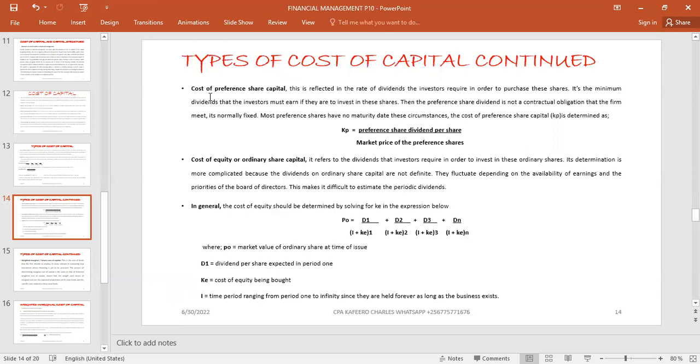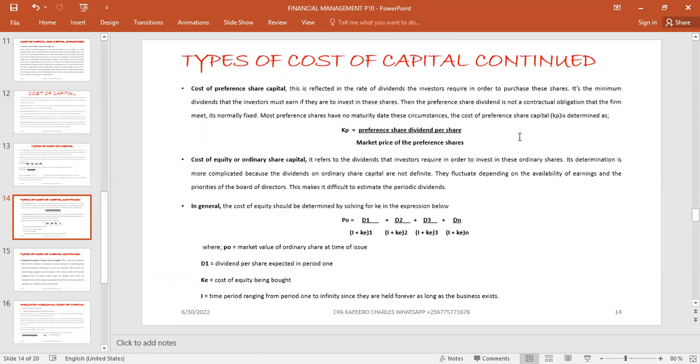So here we have the cost of preferential shares. For these shares, this is reflected in the rate of dividend the investor requires in order to purchase them, what we are giving out to these preferential shareholders.